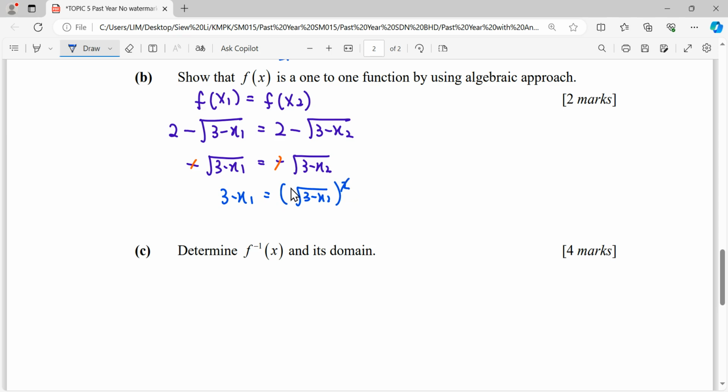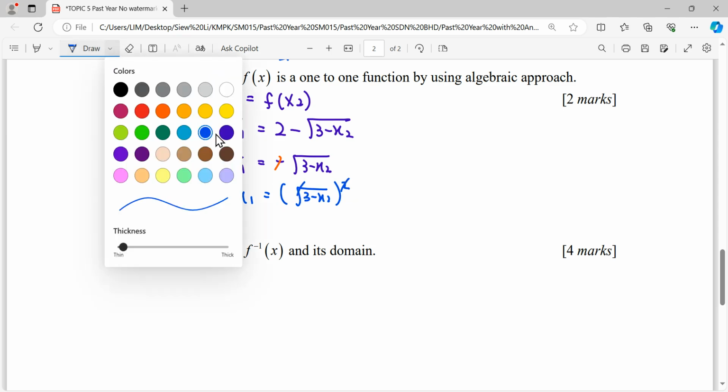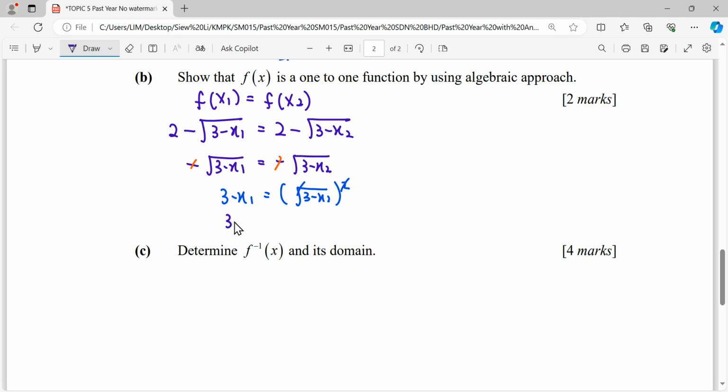So square root and square can be simplified. Then 3 minus x1, move the 3, minus 3 will be 0. So lastly, simplify the negative. Therefore, we can notice that x1 only equals x2, which means we managed to show that this function is one-to-one. So write out your conclusion.